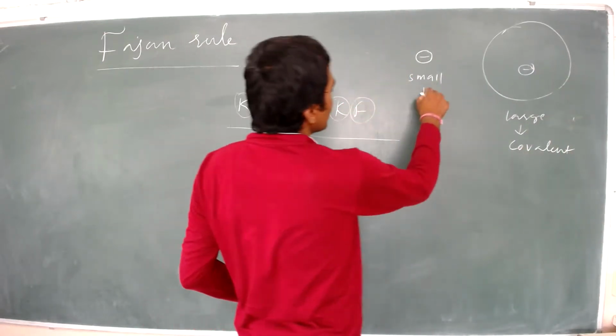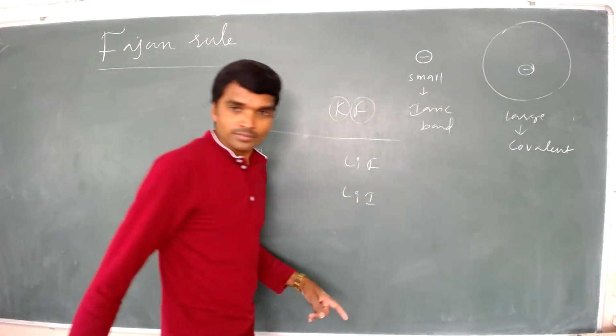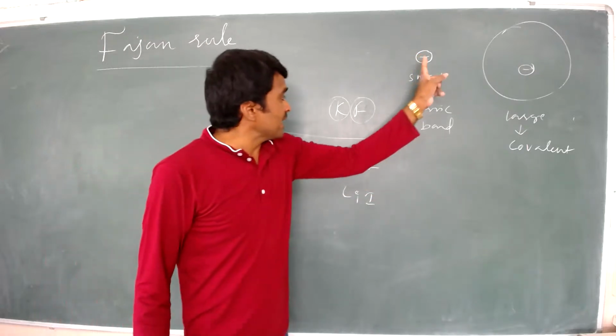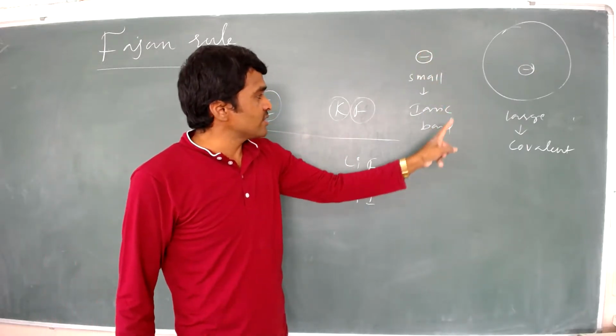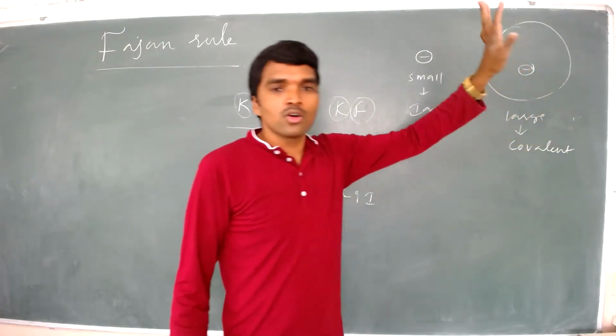Negative atom, small size is the ionic bond. You remember: negative atom, small size, ionic bond. Negative atom, large size, covalent bond.